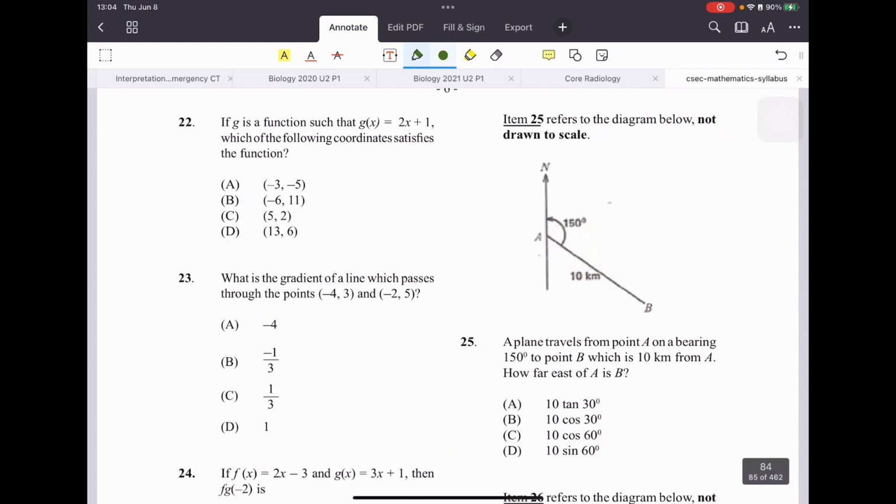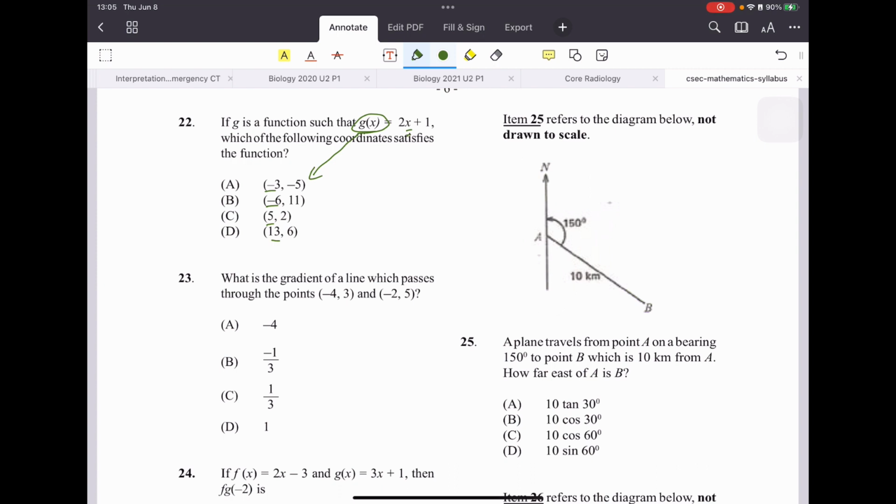Number 22. If g is a function such as g of x is 2x plus 1, which of the following coordinates satisfies the function? So all we have to do here is take the x values of these answers, put them into where the x is, and see if g of x gives us the corresponding y values.